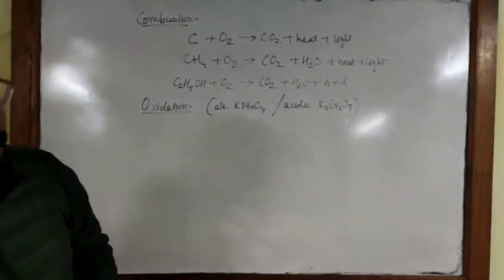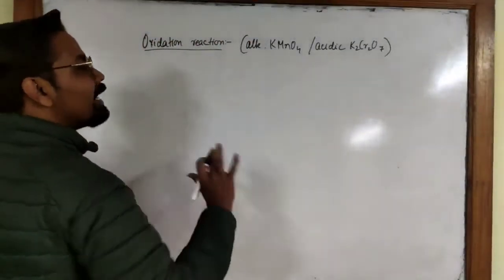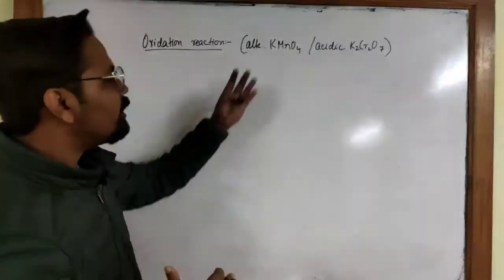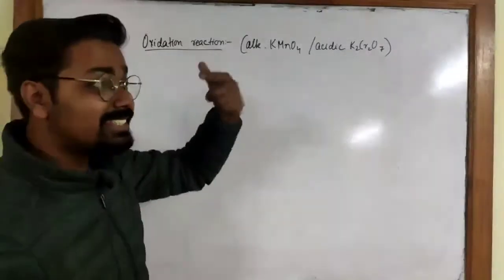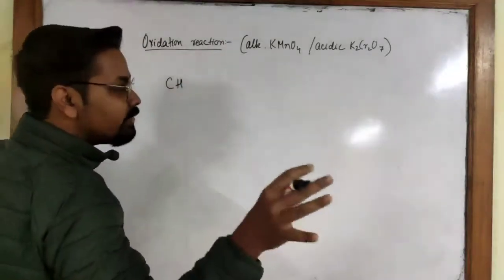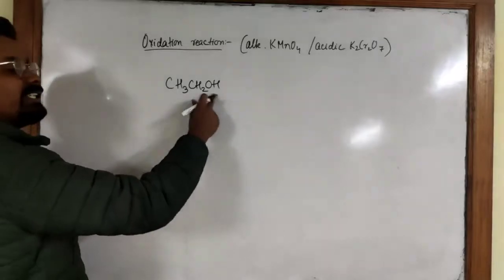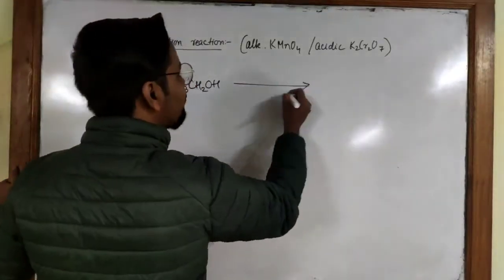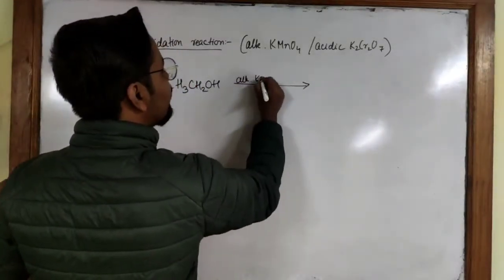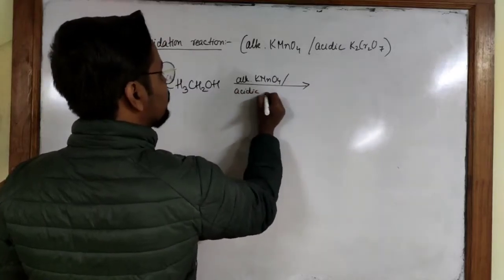So what do we do here? In an oxidation reaction, we will take an alcohol, react it with these oxidizing agents and see what happens. The reaction given in the book is ethanol, CH3CH2OH, in the presence of either alkaline KMnO4 or acidic K2Cr2O7.